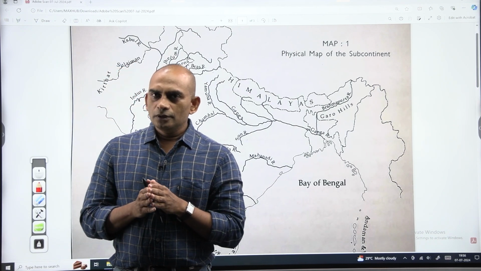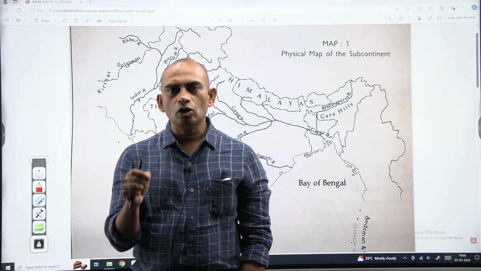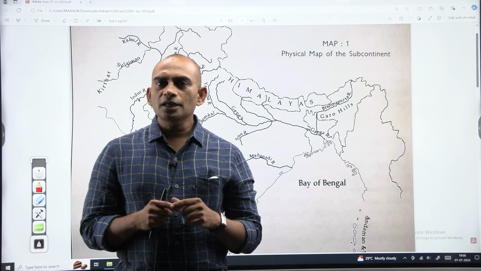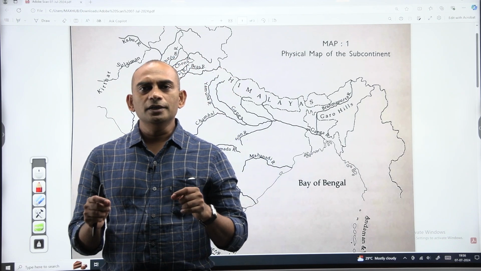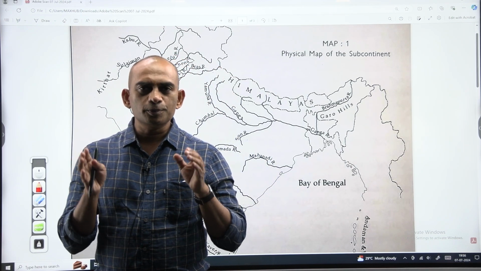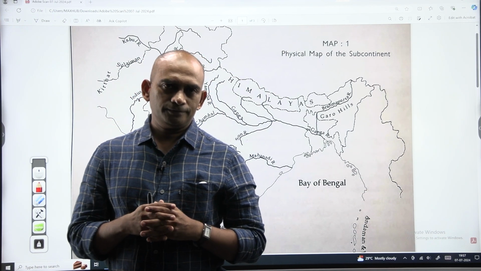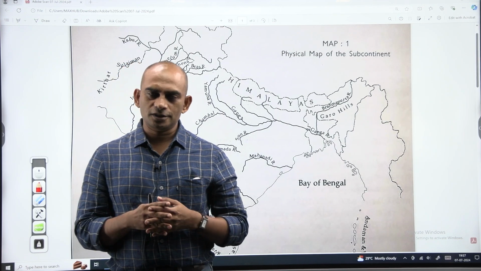For example, in Afghanistan, there is a place called Kandahar. In Kandahar, you can find inscriptions of Ashoka. Those inscriptions were written on the orders of Ashoka by the local officers.